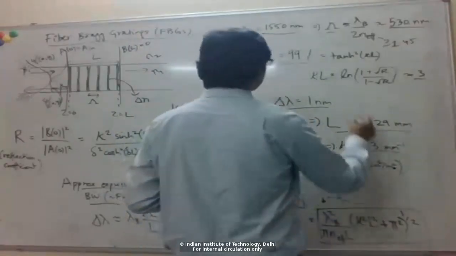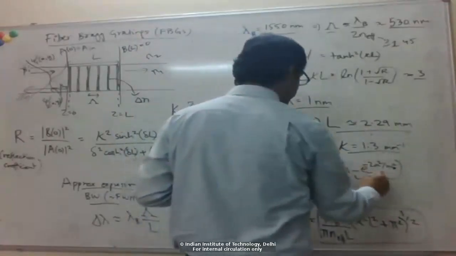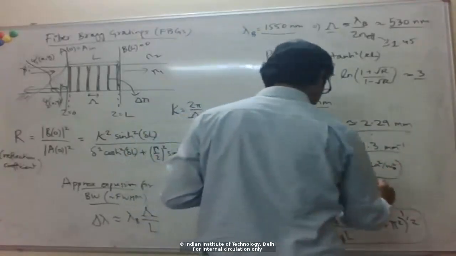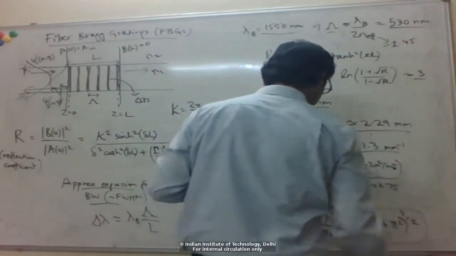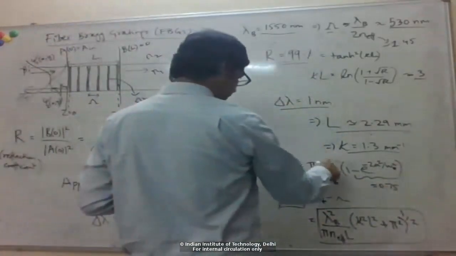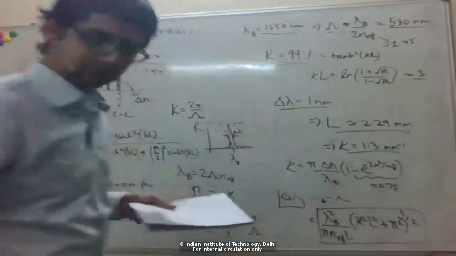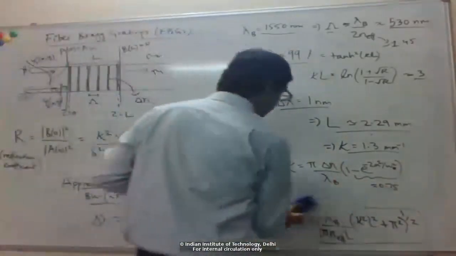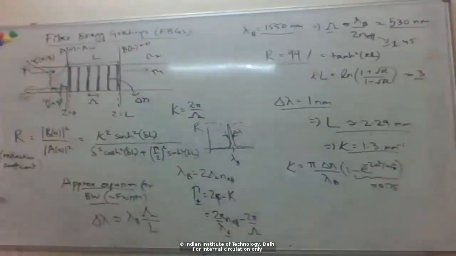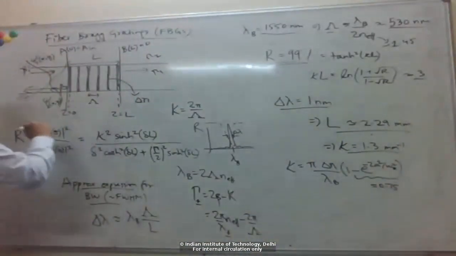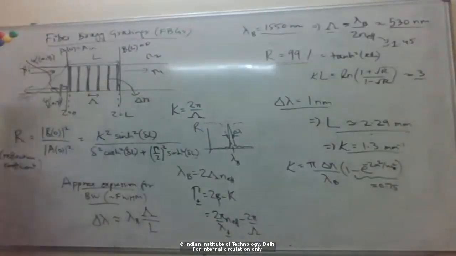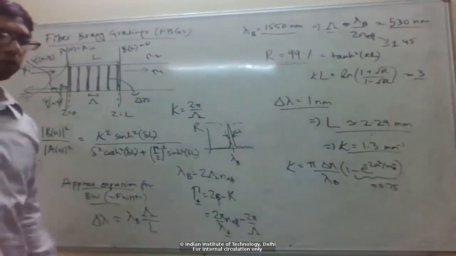Typically, for standard single mode fiber at 1.55, this confinement factor, let's say, is about 0.75. So from here we can calculate what delta n needs to be. To make a fiber grating, what do we need? We need what period we want, what total length, and what delta n it should be, which depends on the power of the UV.